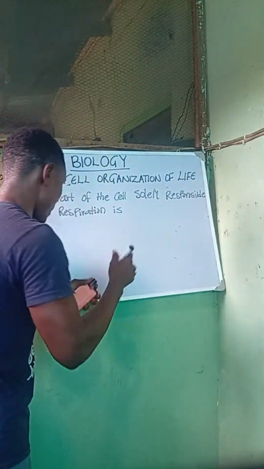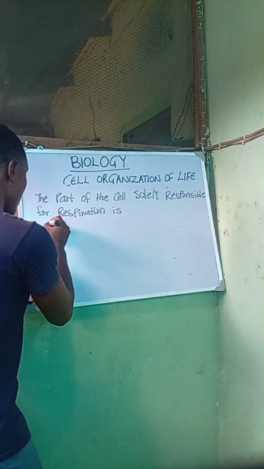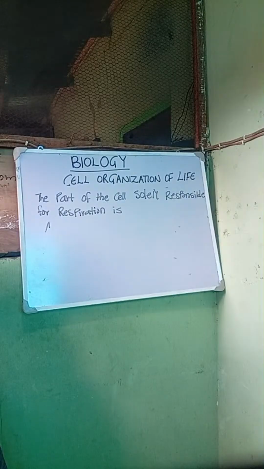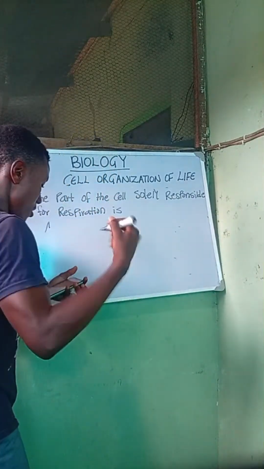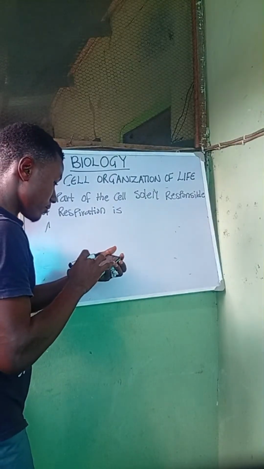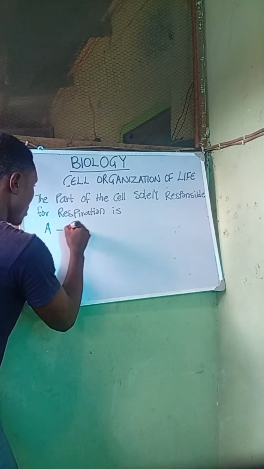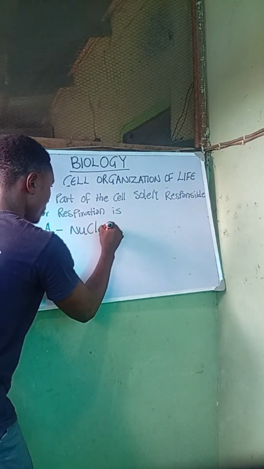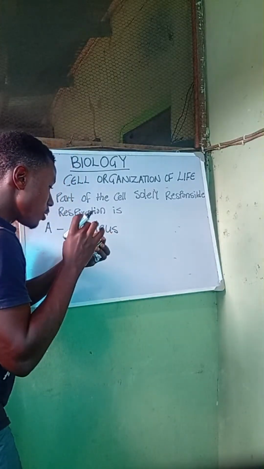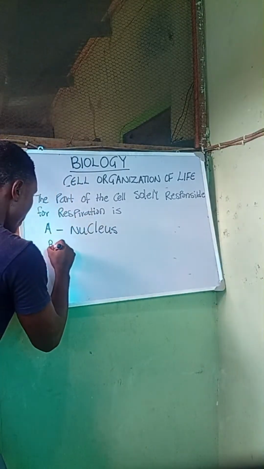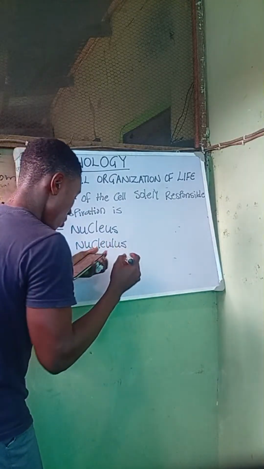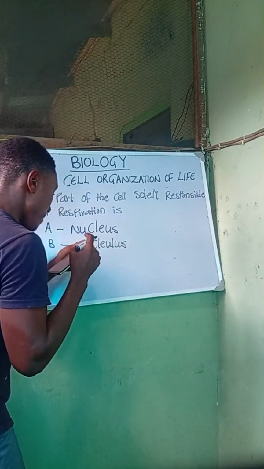Let me write down the options first. Sorry, my marker is bad. We have A, nucleus. We have B, nucleus.